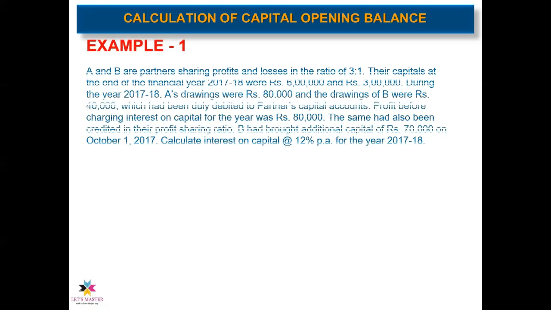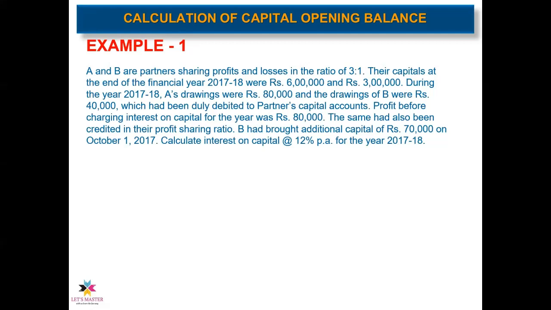Next thing is, at times we may have to calculate the opening balance of the capital. So how that calculation is done, let's try and understand with the help of an example. A and B are partners sharing profit and loss in the ratio of 3:1. Their capitals at the end of financial year 2017-18 were rupees 6 lakhs and rupees 3 lakhs.